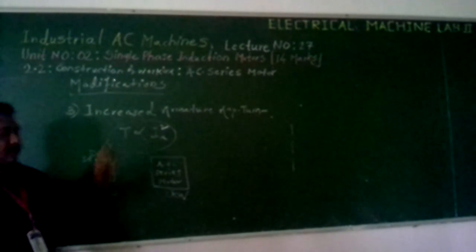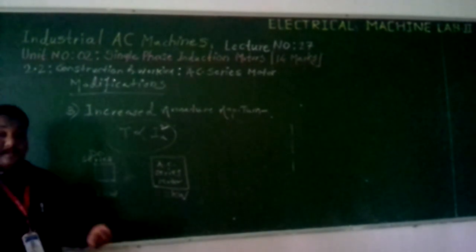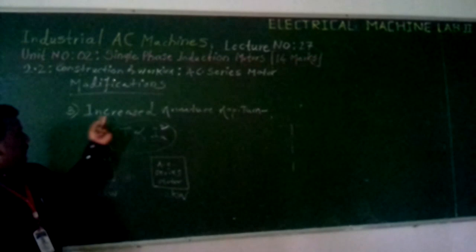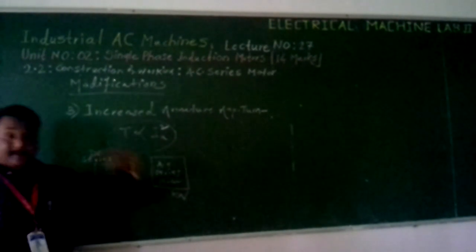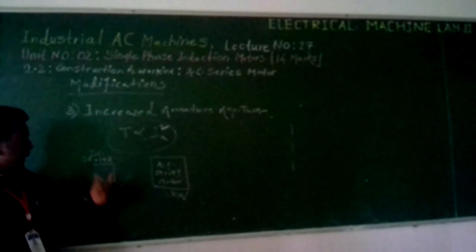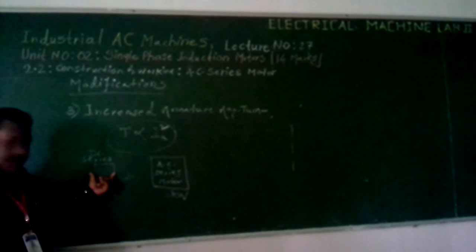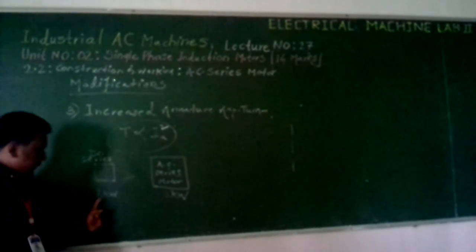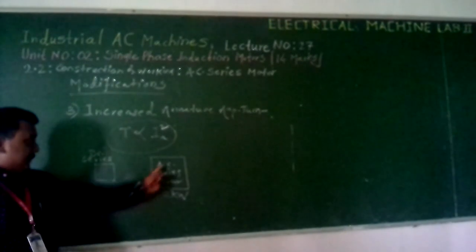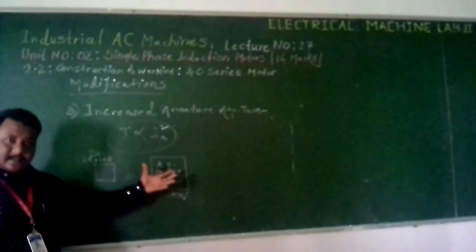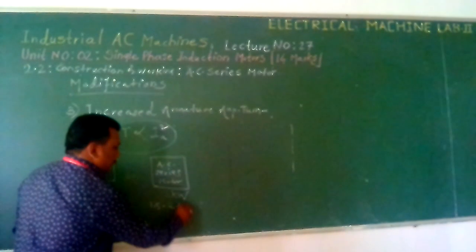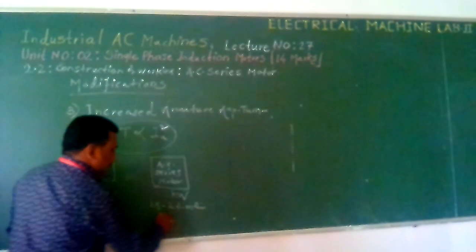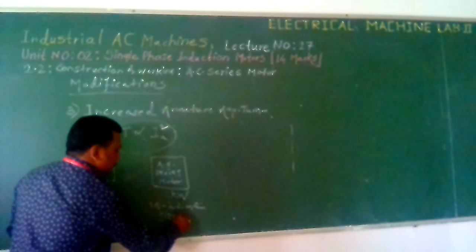Due to this feature, the armature becomes bulky, because here we are increasing armature ampere turns, meaning the armature construction is bulky, and the overall size of the AC series motor for the same rating increases, by 1.5 to 2 times.